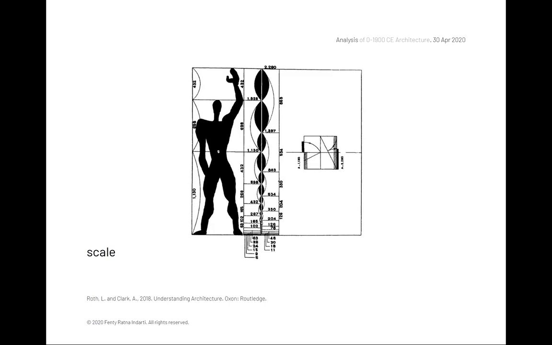Another example is most buildings that try to impress the inhabitant, for example, a church, castle, or mosque, usually use dramatic scale. Dramatic scale means that humans feel very small in the church because the ceiling is very high. Meanwhile, compared to a domestic building, they have a lower ceiling so that you feel comfortable inside the domestic building. That's how you use scale in human perception.